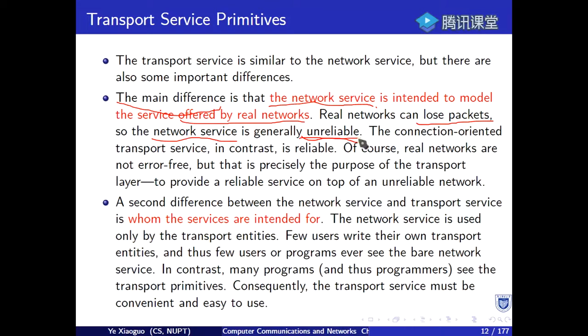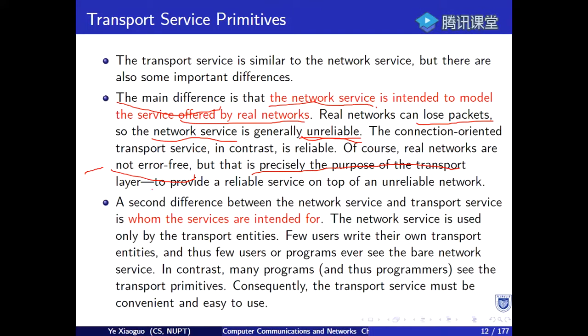The connection-oriented transport service, in contrast, is reliable. Of course, real networks are not error-free, but that is precisely the purpose of the transport layer. So the goal of the transport layer is to deal with the not error-free problem.